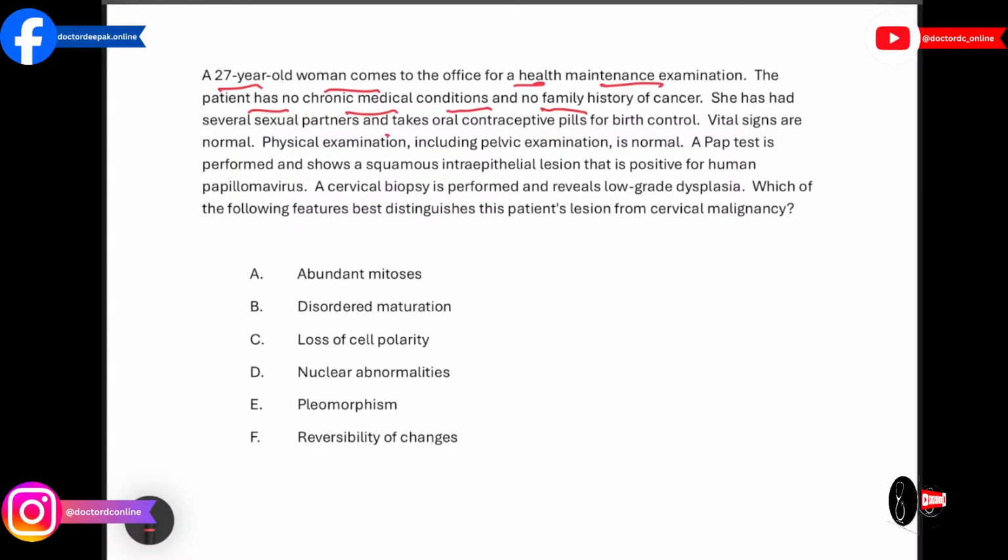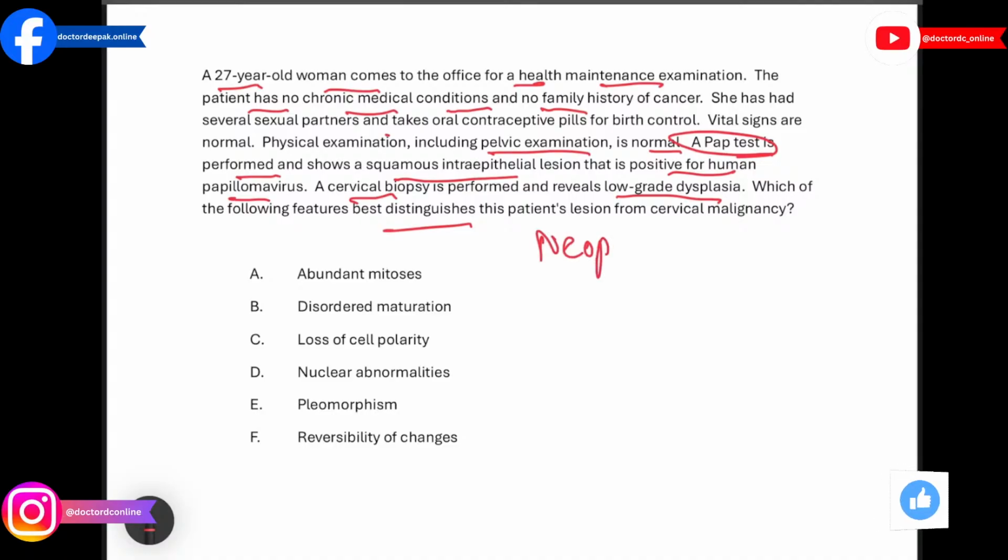She has a normal physical examination, including a normal pelvic examination. A Pap test shows a squamous intraepithelial lesion that is positive for the human papillomavirus. A cervical biopsy is performed and reveals low-grade dysplasia. Which of the following features distinguishes the patient's lesion from cervical malignancy?